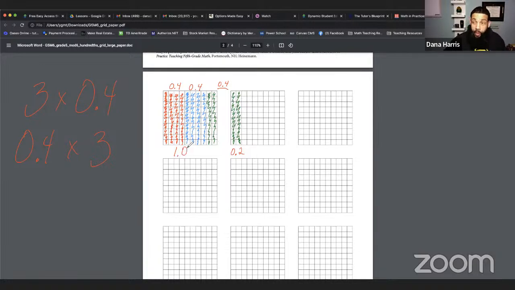Well, if I take 1.0 and I add 0.2, then I'm going to get 0 plus 2 is 2, 1 plus 0 is 1, and I keep those decimals. You must line up those decimals like buttons on a shirt, right? So what that tells me is 3 times 4/10 is going to give me 1 and 2/10.